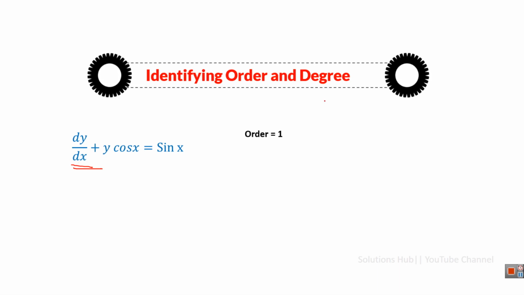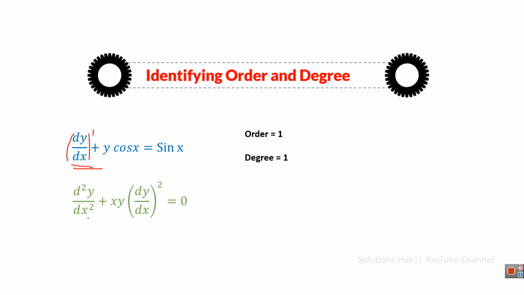For degree we have to identify the exponent of the highest order derivative, that is, the exponent of dy over dx. The exponent is nothing here, so we consider it 1. So its degree will be 1. Let's talk about another example.